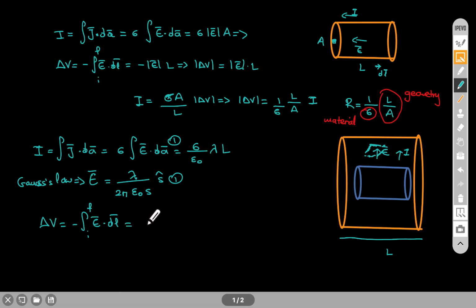Before I move on, I also want to mention dl again. Okay, dl now is going to be in this dimension, from the inner cylinder to the outer cylinder.